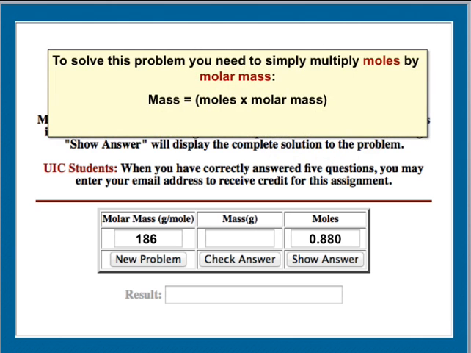Mass is going to be moles times molar mass. You do the solution. So all we have to do is take our number of moles, take our molar mass, multiply them together, and it should be 163.